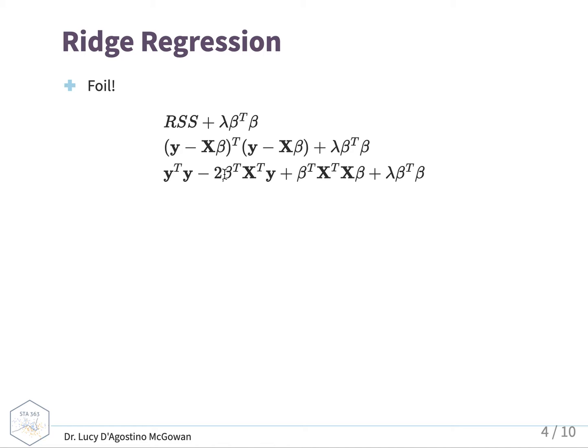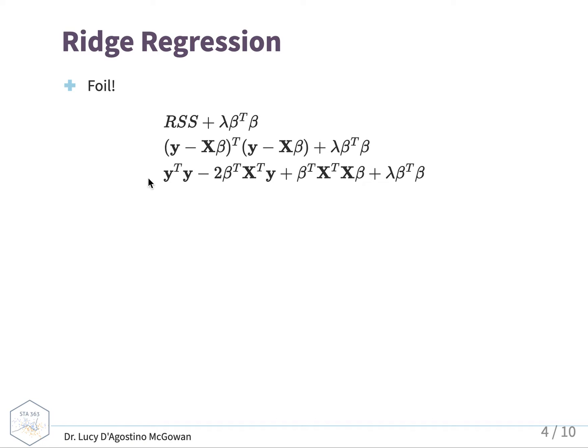Because beta transpose x transpose y is the transpose of y times x beta, we can combine these two terms. That's what we've done here with this -2. Then the last term, the one I initially accidentally said was the outer, is just this x beta and this x beta, which come to this. And then, of course, we still have this penalty added on. All right, so we've foiled this.